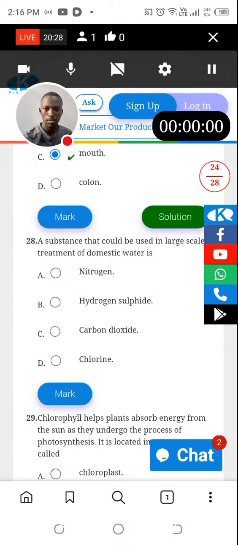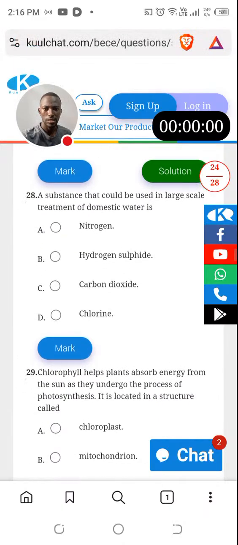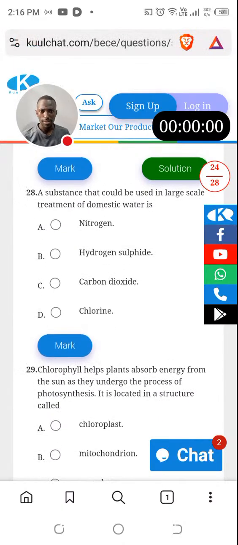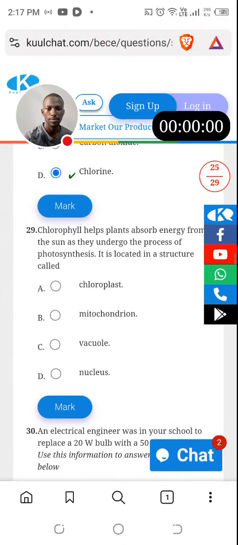So let's move on. A substance that could be used, go for chlorine. Chlorophyll helps plants absorb energy from the sun as they undergo the process of photosynthesis. It is located in a structure called chloroplast, meaning chlorophylls contain chloroplast. Yeah, that's really true.